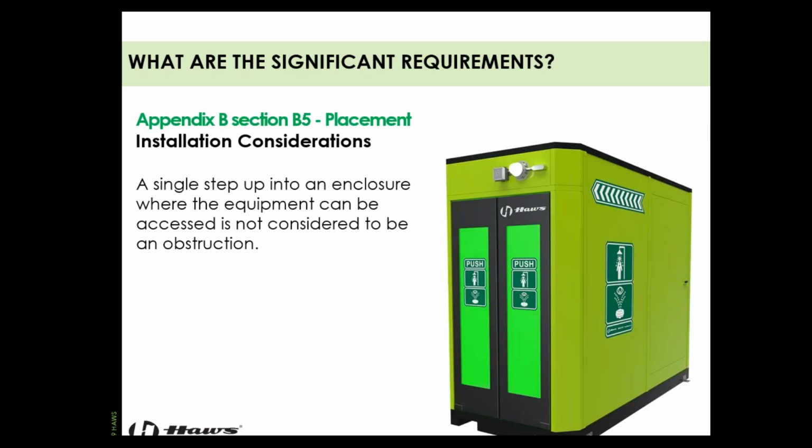So section B that I just mentioned, section B5, covers installation considerations. Okay, and there are two things. I have two slides here, but the first one is that a single step up into an enclosure is compliant, but it has to be an enclosed booth type of unit. And the reason for that is we can't make these flush with the ground, especially a tempered booth like you see on the screen here.